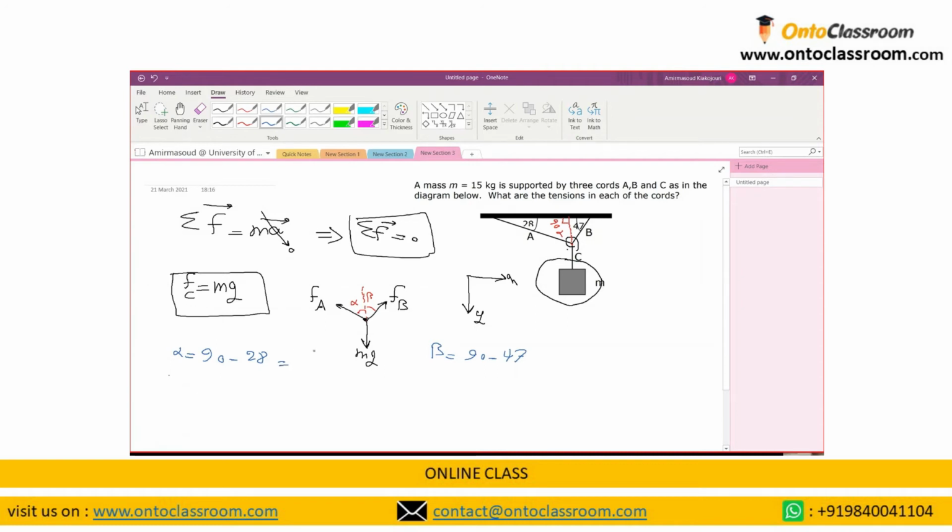If I calculate them by a calculator, alpha is 62 and beta is 43.